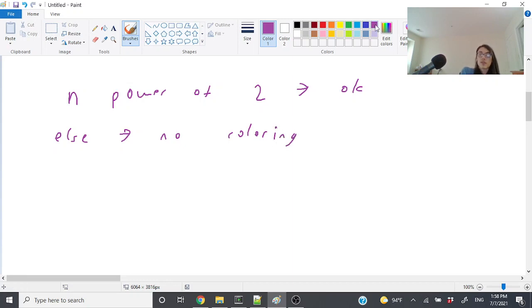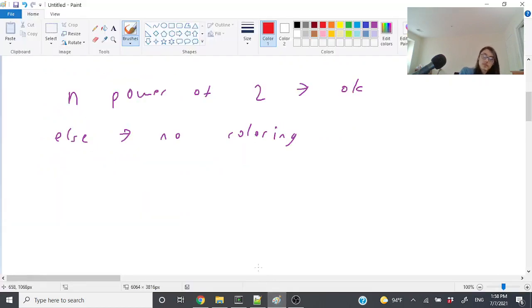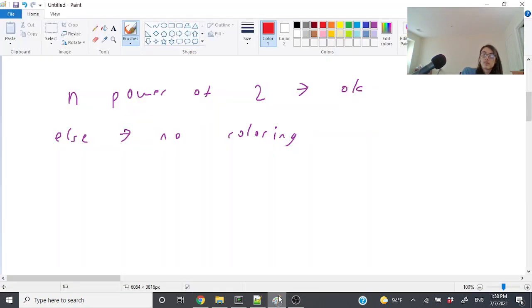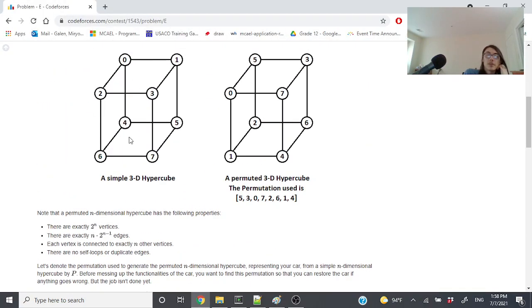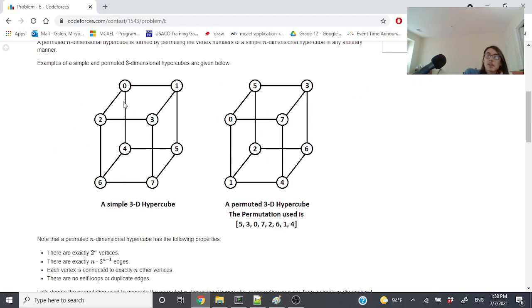And the way we construct the coloring is we look at each node of the hypercube, or in particular, we look at the original index of the node. We need to work with a hypercube that's nice and a power of 2, so the unpermuted hypercube. Then when we get the colors of the original hypercube, we can use the mapping again to figure out the colors in the permuted one. So that works out fine.